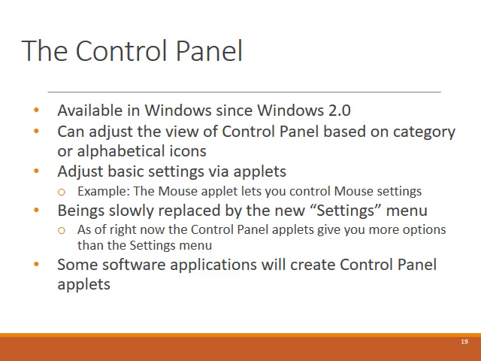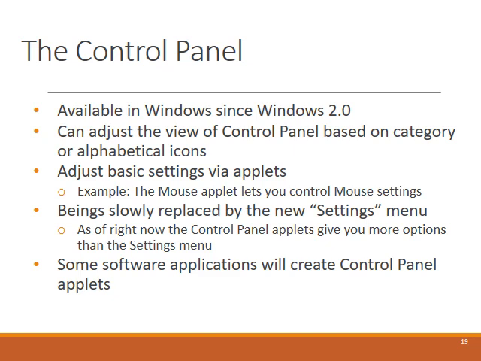And again, it's being slowly replaced by the new settings menu. And as of right now, the control panel applets give you more options than their settings menu counterparts. So if you're looking for more specific control over your mouse settings, you might go into the control panel versus the settings menu for that.